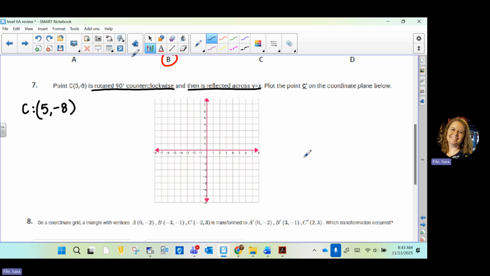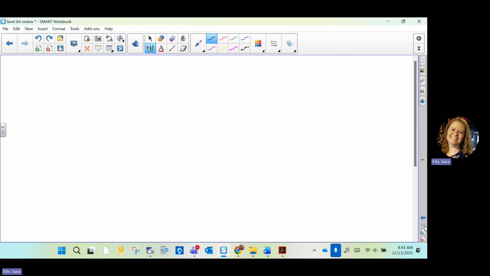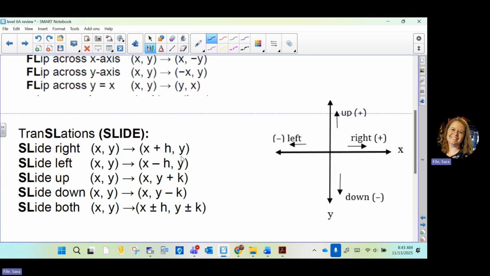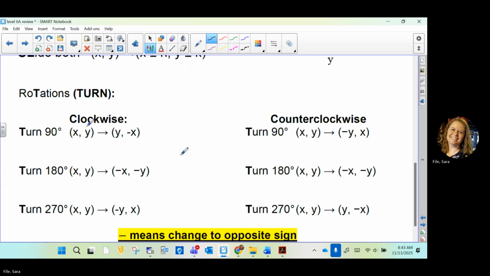Okay, for the rule for rotating 90 degrees, you'll be able to look at your formula chart. Did it say counterclockwise or clockwise? I already forgot. It says counterclockwise. Okay. So 90 degrees counterclockwise, this is the rule. We're going to take our (x, y) and it becomes (-y, x).